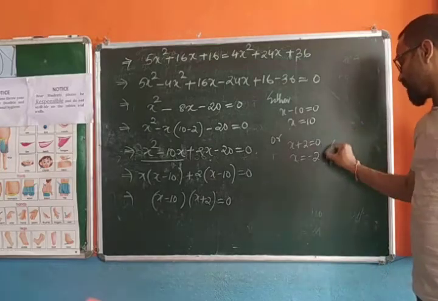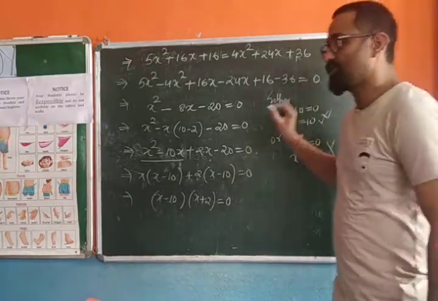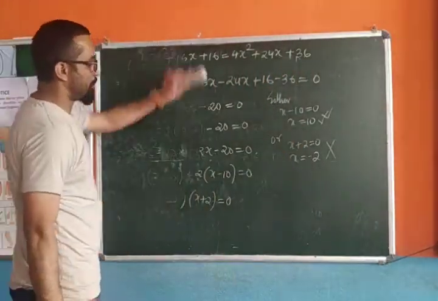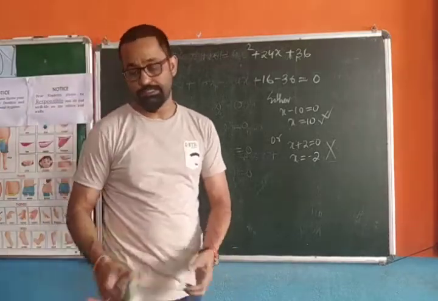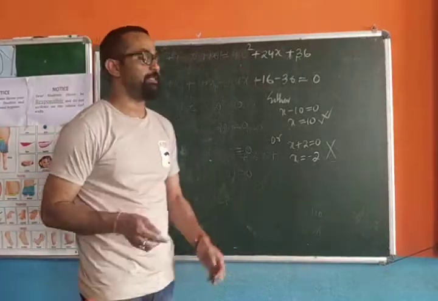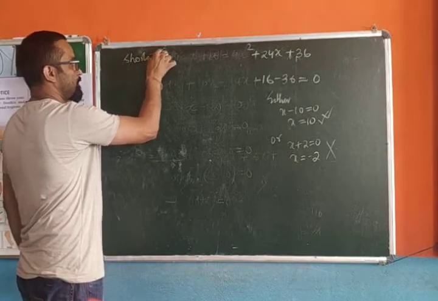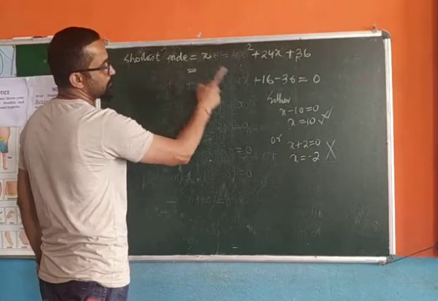Sides of the triangle cannot be negative, so we ignore this. We take the value of x as 10. The question says calculate the sides: shortest side, which we have taken as x. X is 10.